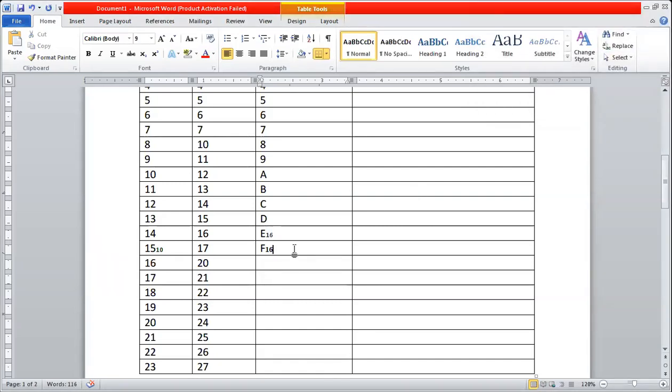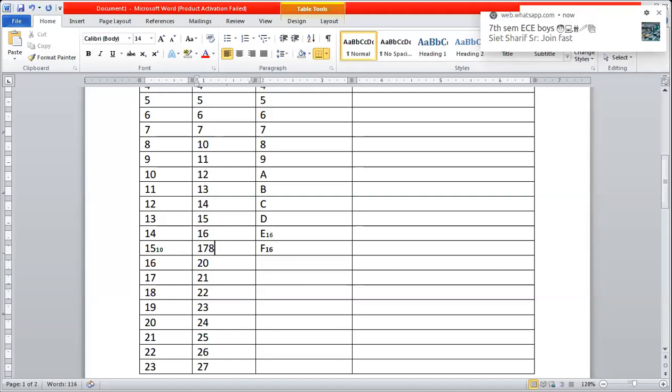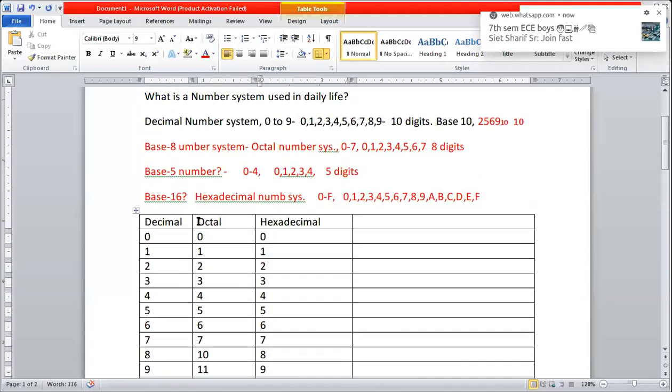Are you people following it? Yes, sir. Okay, fine. So always we have to write a base for any number, whether it is representing a decimal number, octal number, or hexadecimal number. So these are the main important points.